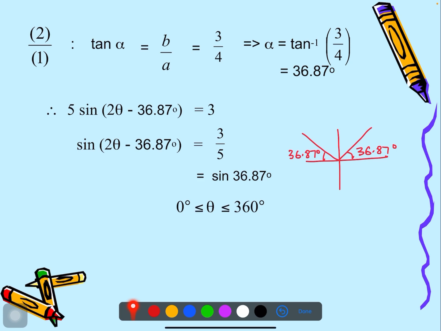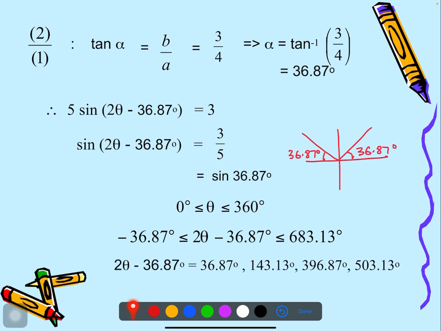Initially theta is from 0 until 360, so we have to reshuffle this 2 theta minus 36.87. The most value will be 683.13, and the least value here is minus 36.87.